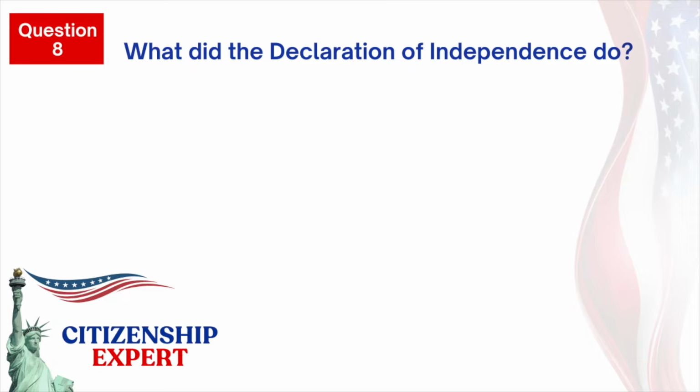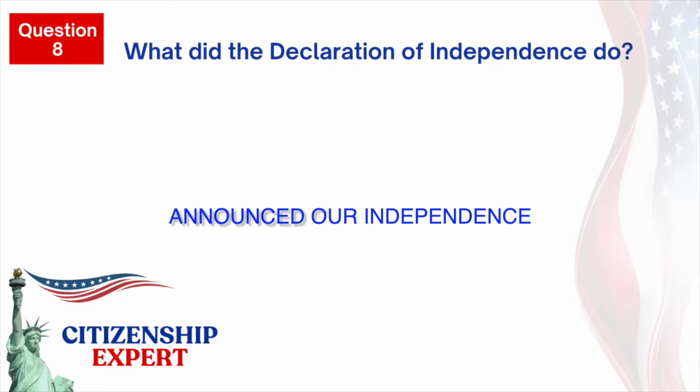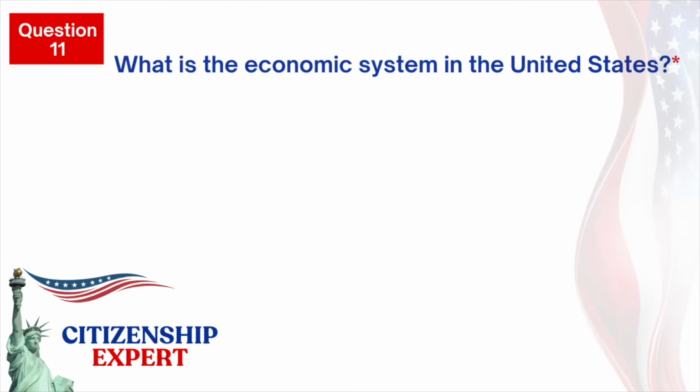What did the Declaration of Independence do? Announced our independence from Great Britain. What is the economic system in the United States? Capitalist economy.